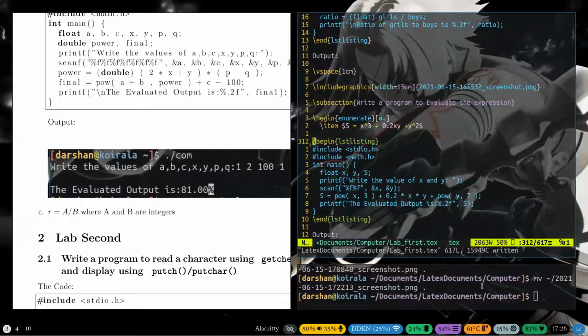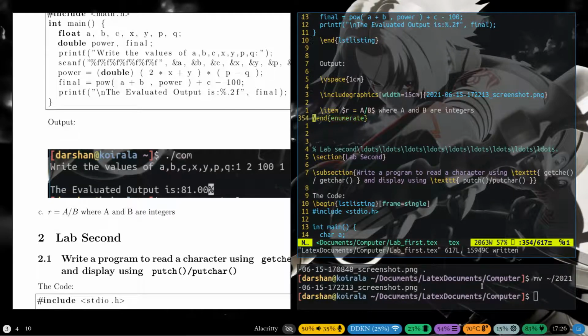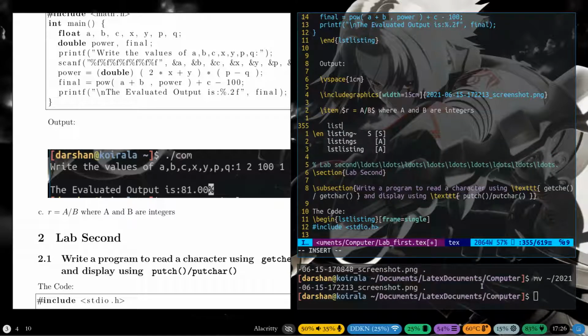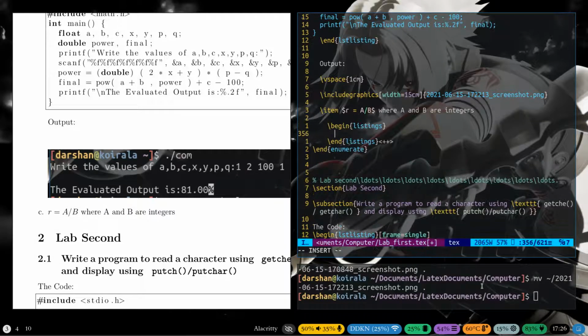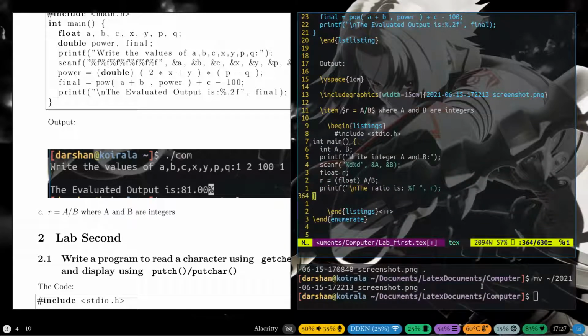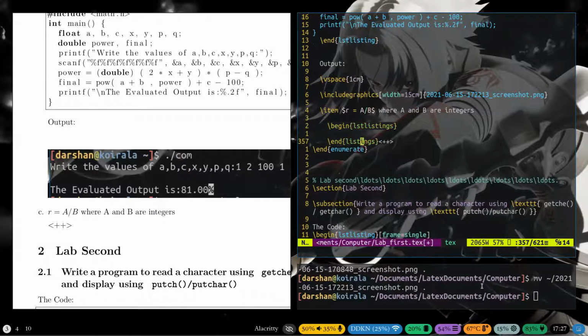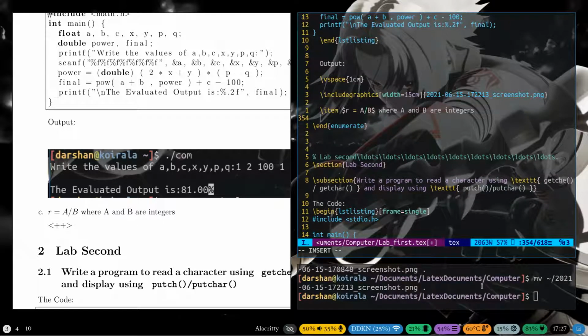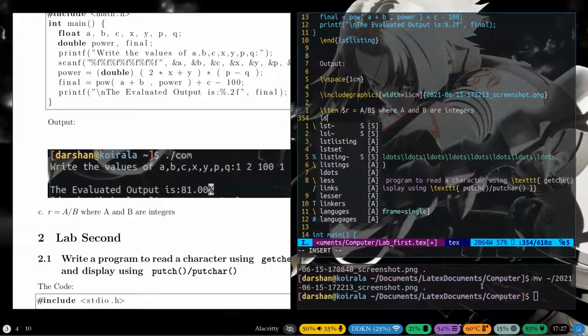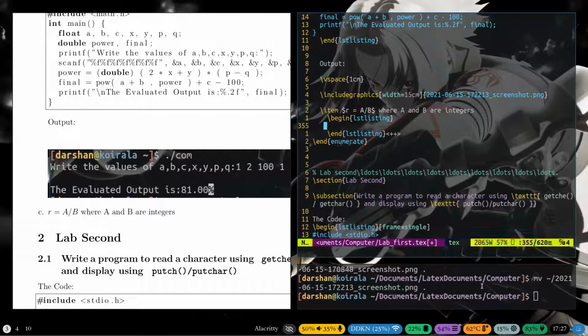I don't know how to do that, man. So listing, lst listing, yeah. String F5, yeah.